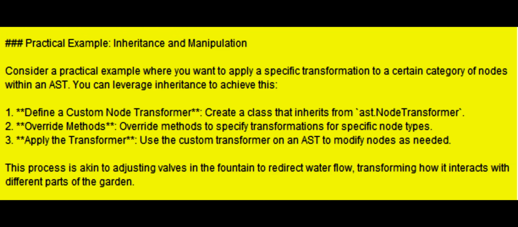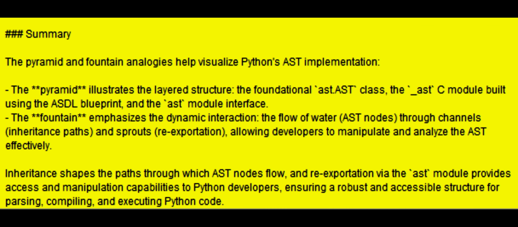parts of the garden. Summary. The pyramid and fountain analogies help visualize Python's AST implementation. The pyramid illustrates the layered structure: the foundational AST class, the _ast C module built using the ASDL blueprint, and the ast module interface.